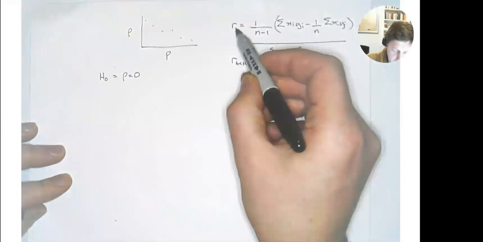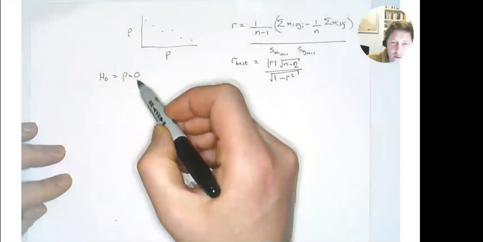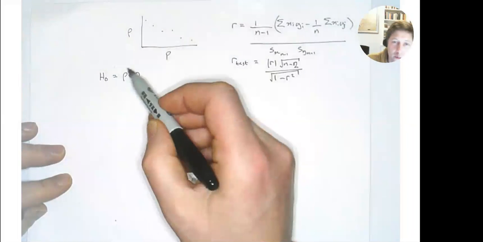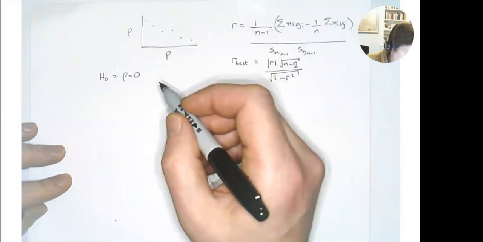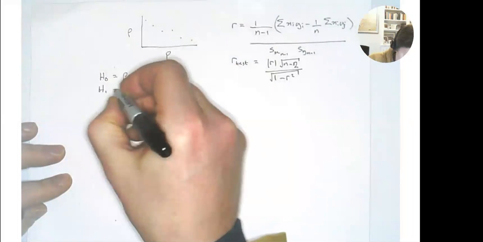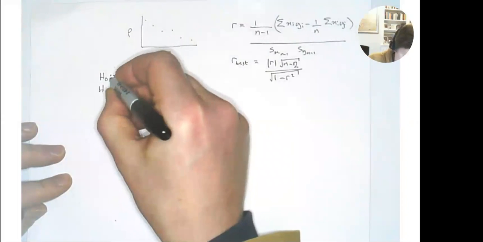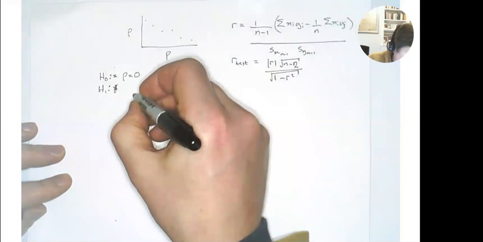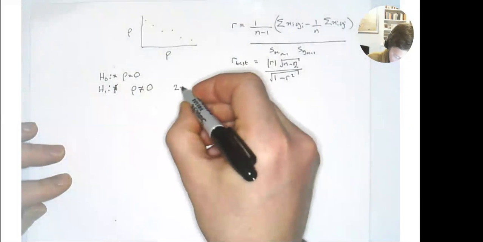Rho to distinguish it from R. R is based on the actual measured data. Rho is the population that our measured data was sampled from. And obviously the alternative hypothesis is that rho is not equal to 0. So again, it's two-tailed.